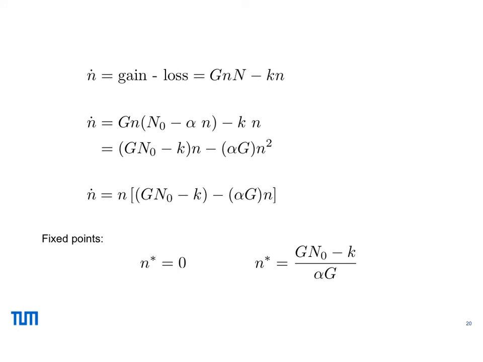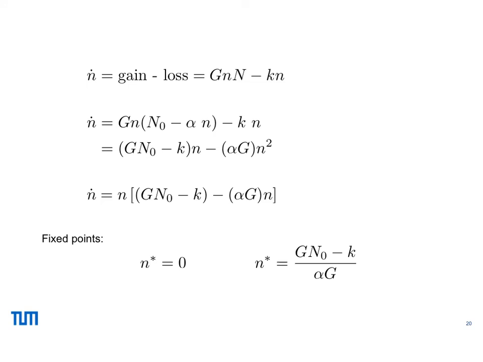So we go here in our model. We have the gain and the loss, and we just factorize these things. We just replace here the description of n, and after some algebra we arrive at this expression. From this expression we can already know what kind of function we are dealing with.